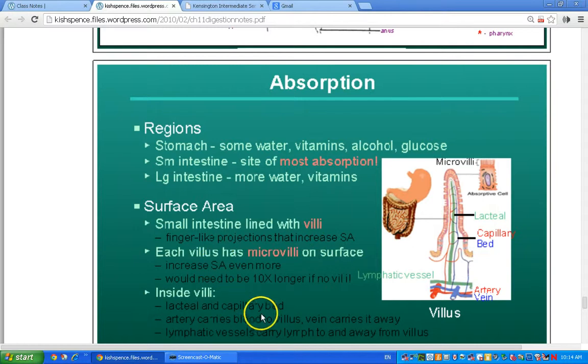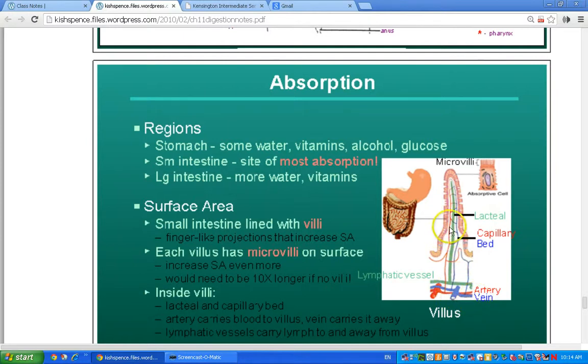So inside the villi, we have a capillary bed and a lacteal, and then we have an artery down here that the capillaries receive blood from. It carries blood to the villus, and then a vein will carry the blood away.